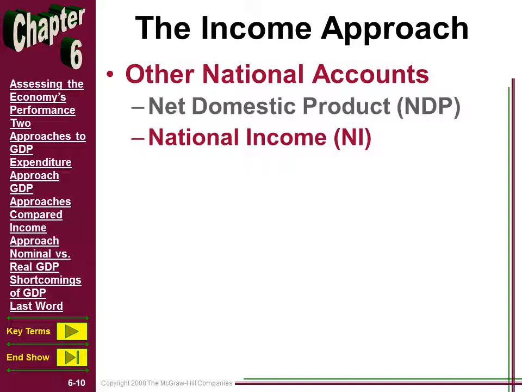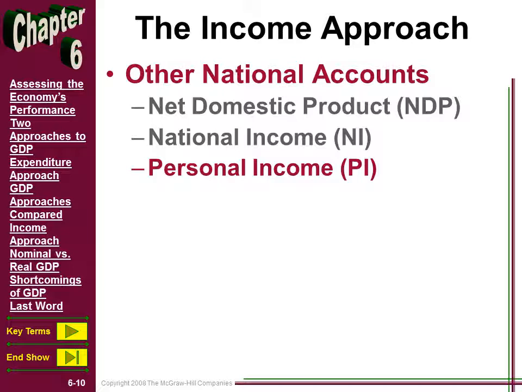So think of some of the big U.S. conglomerates such as McDonald's or Nike or Caterpillar, right? Some big pharmaceutical companies, Microsoft. They have production facilities here in the United States and production facilities in other countries. If we add up all the income generated by American-owned resources, whether at home or abroad, this would help us calculate national income.